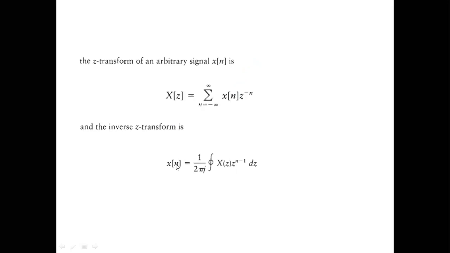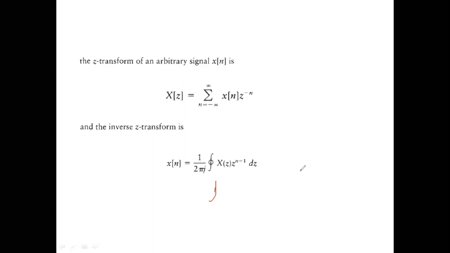And the inverse transform comes with the 1 by 2 pi j. That is why, while finding an inverse, we will be dividing by 2 pi j. In this particular thing, this is called circular integration.